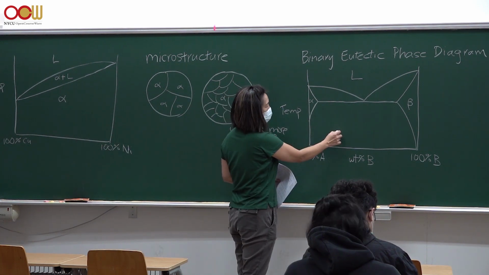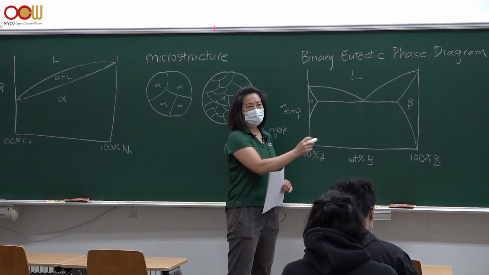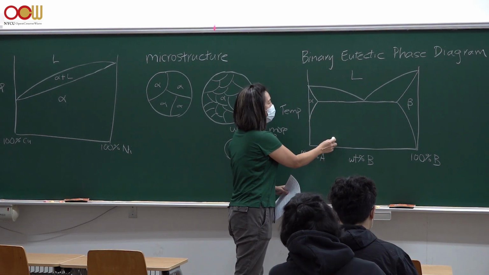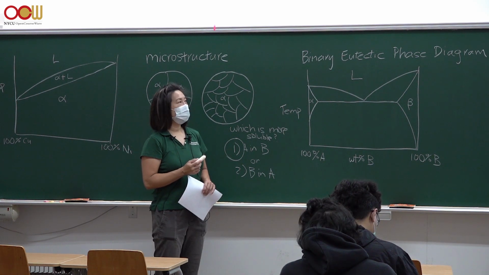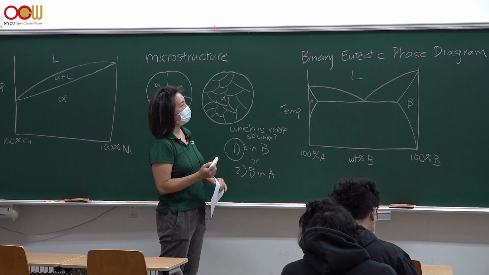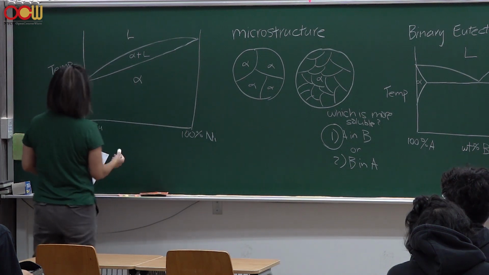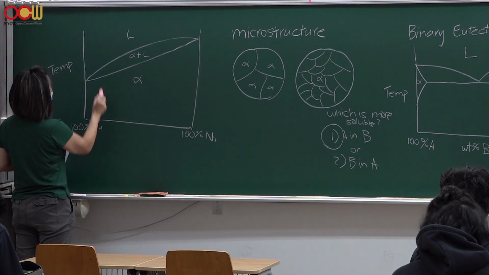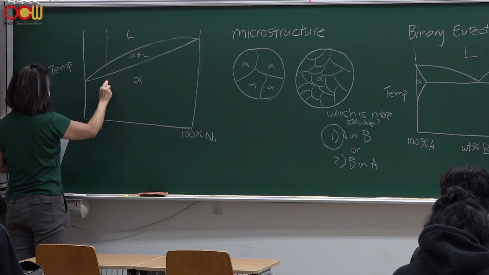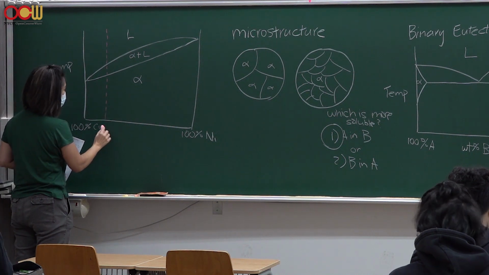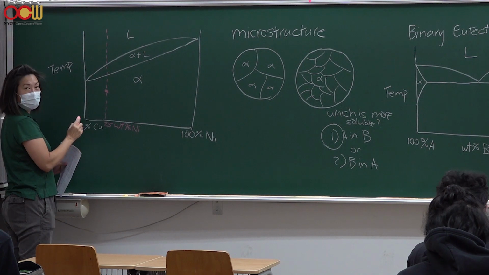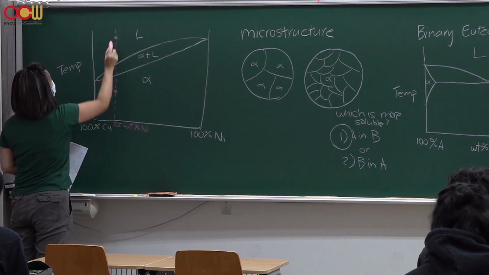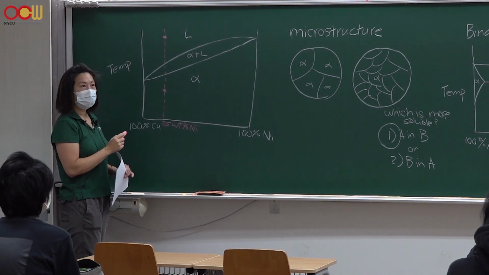Now, inside this phase diagram and inside this region, what phases do you expect there to be? So remember, let's look at here. Let's say we have 25%. Say I draw a line down at 25% nickel. At this point, I would have 100% alpha. Up here, I would have 100% liquid.